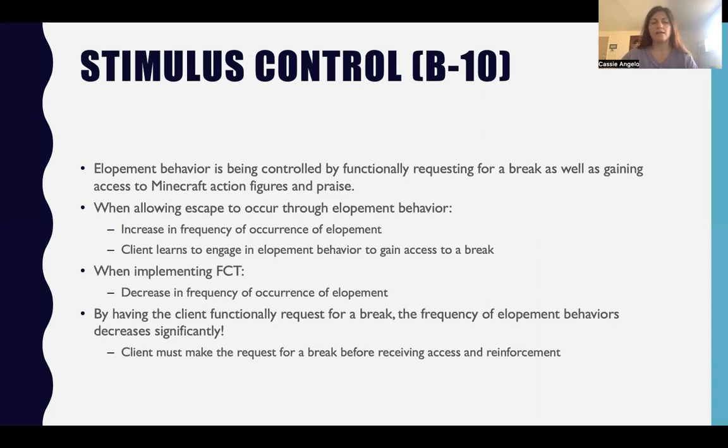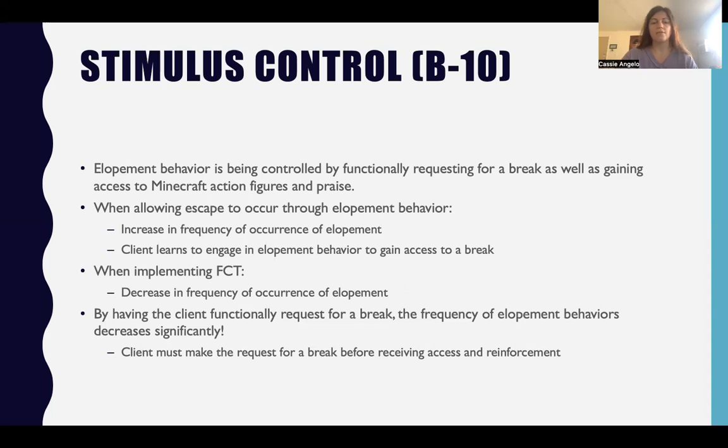So when allowing escape to occur through elopement behavior, it increases the frequency of occurrence of elopement, and it also teaches the client to engage in elopement behavior in order to access that break. But when implementing functional communication training in the intervention, we see a decrease in frequency of occurrence of elopement and an increase in the occurrences of requesting that break.